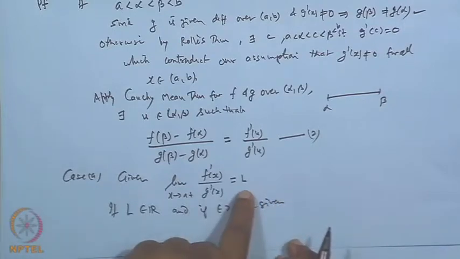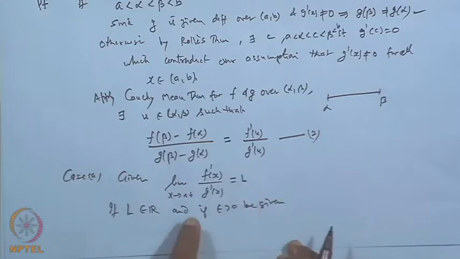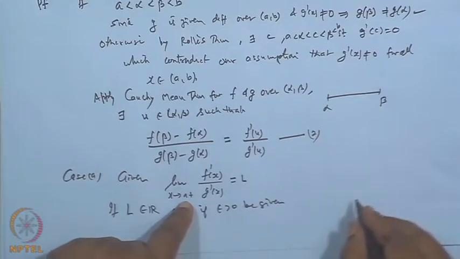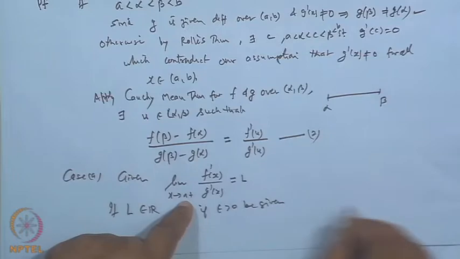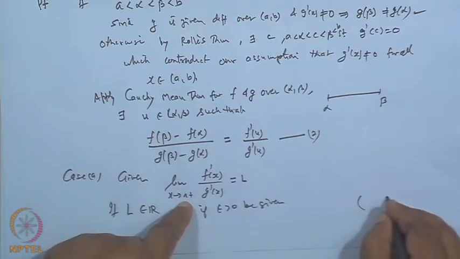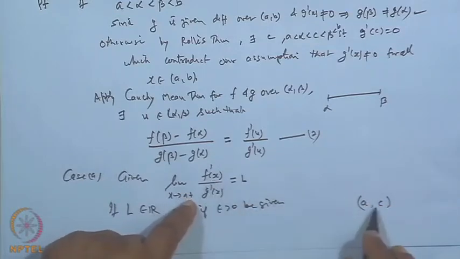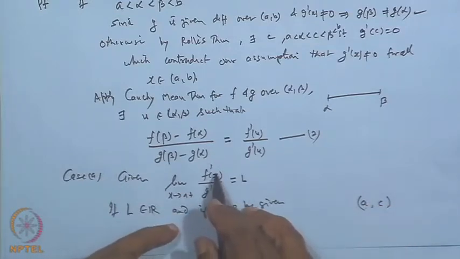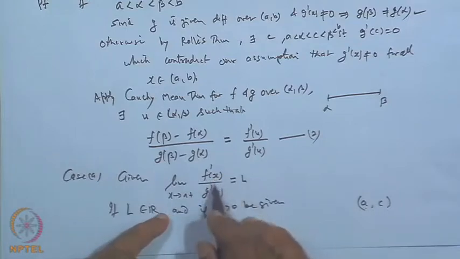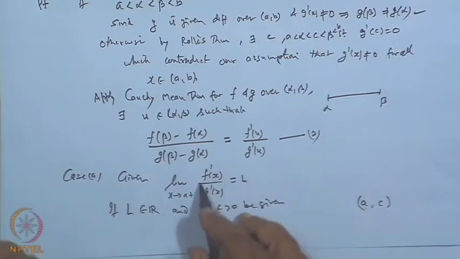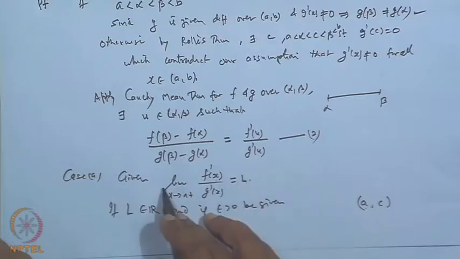Now, the limiting value of this is L. It means when the point x is close to A, in some interval, say A C that I take, whatever the point x in between this, the limiting value of this ratio is L, meaning the difference is very, very small. So, this lies between L minus epsilon and L plus epsilon.